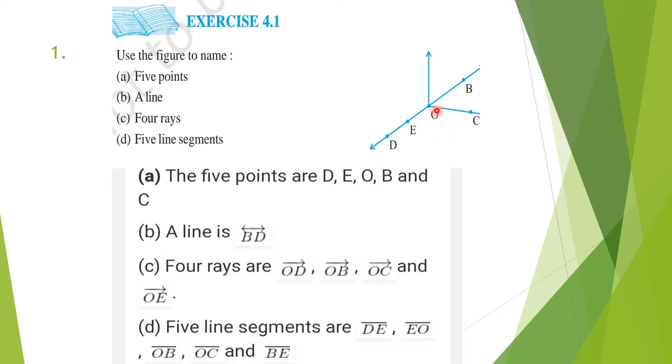The 4 rays are ray OD, ray OB, ray OC and ray OE. The 5 line segments are line segment DE, line segment EO, line segment OB, line segment OC and line segment BE.